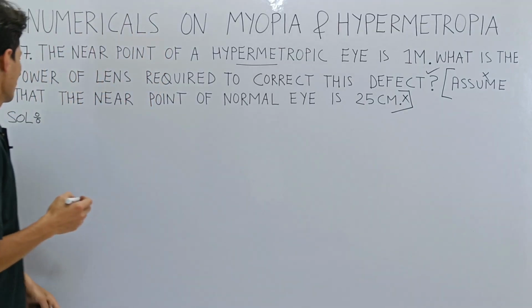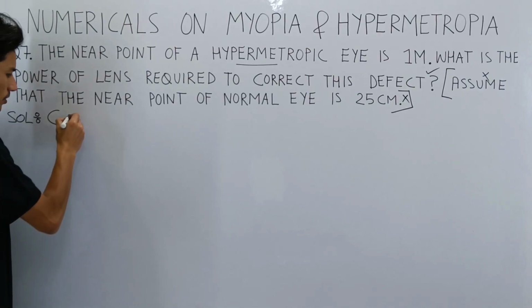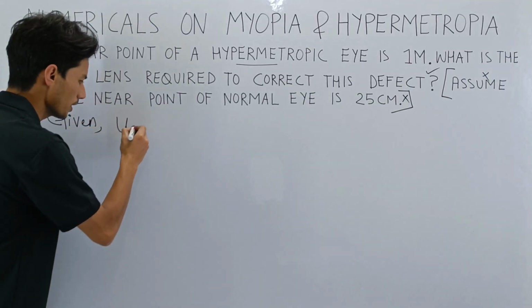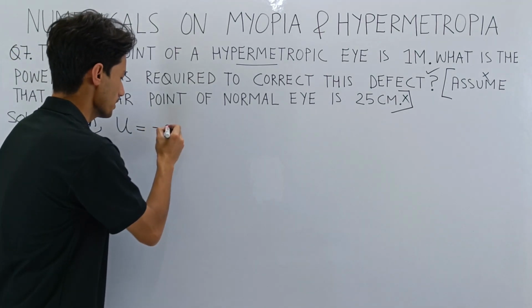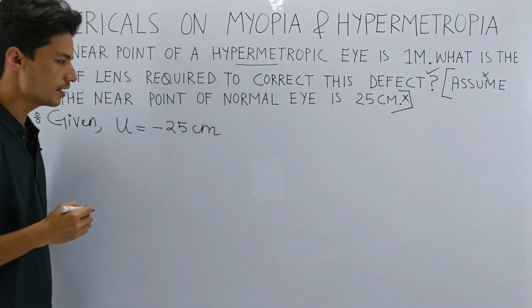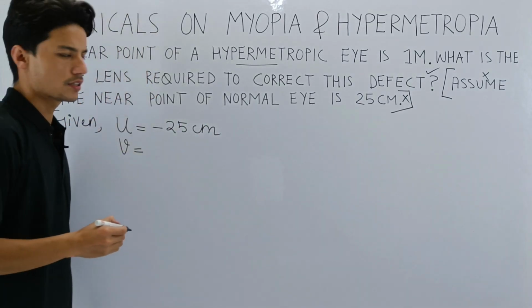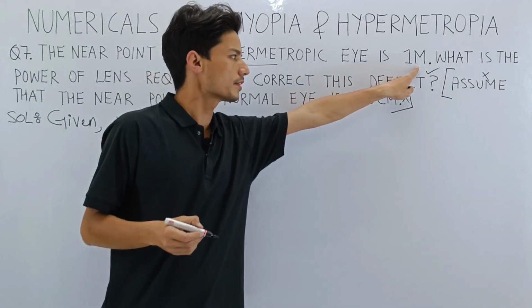So let's do the question. It's hypermetropia, so let's write given first, and then we will start with what we know, u. u, hypermetropia, so it will be minus 25 centimeters. Then v, like I told you, will be provided in the question. On reading the question, I find one information, 1 meter.